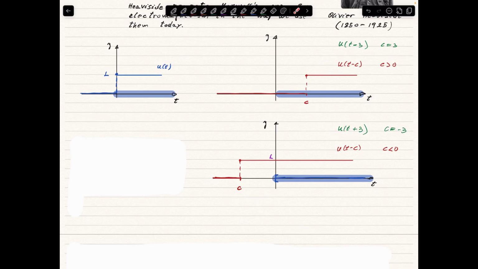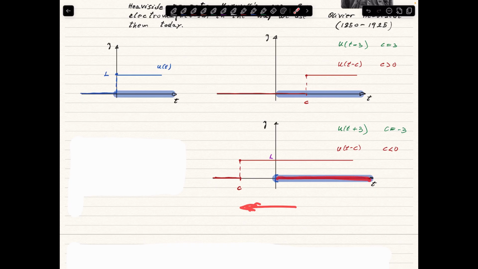This is the graph, and this region we are shading here is the region where we need to integrate to compute the Laplace transform of these functions. So when we compute the Laplace transform, we are going to need to integrate in this region, so we are going to have the discontinuity in the region we are integrating. But look what happens when we shift the function to the left.